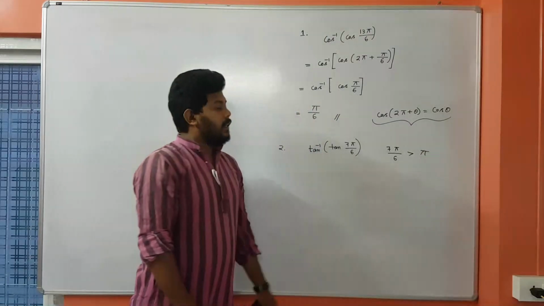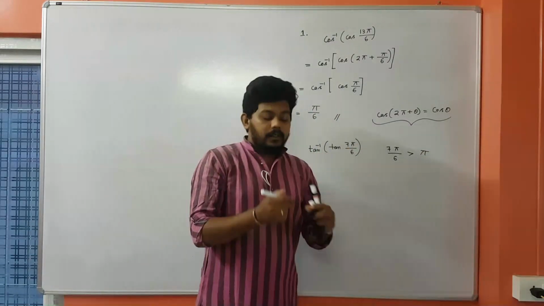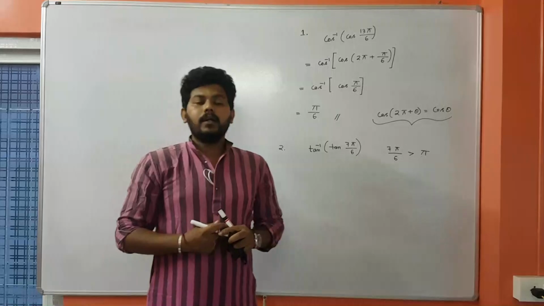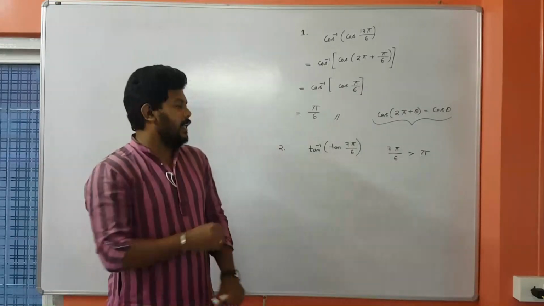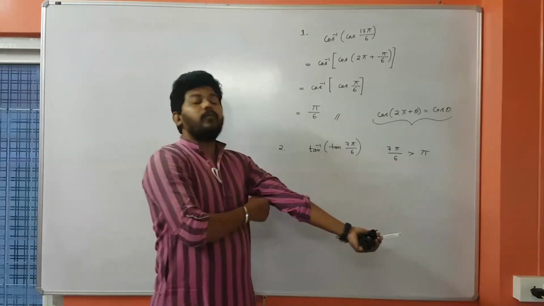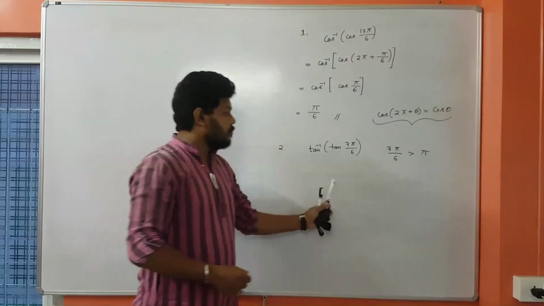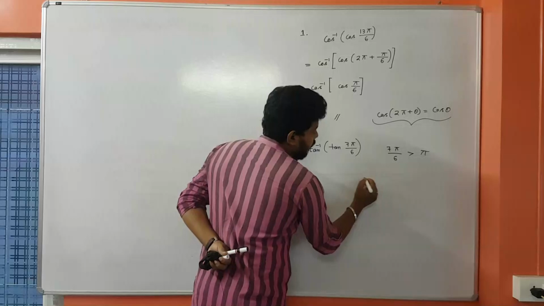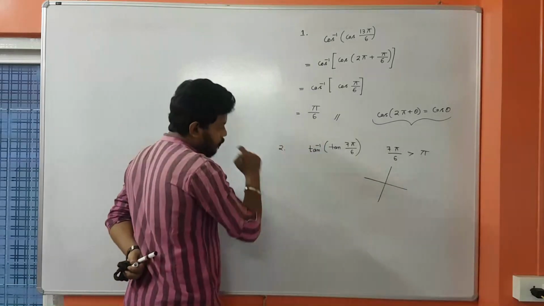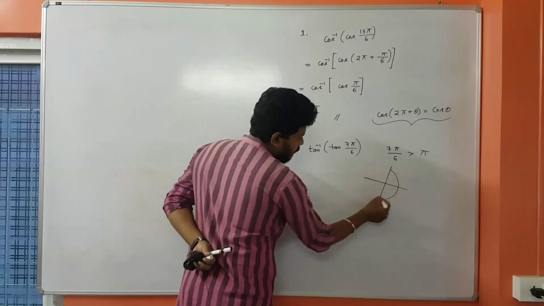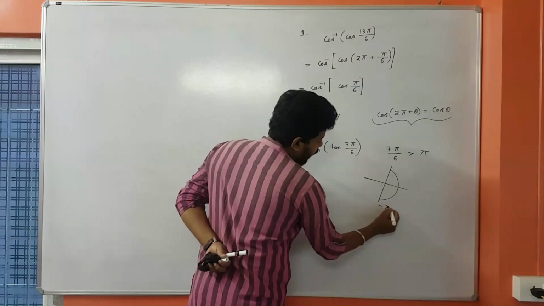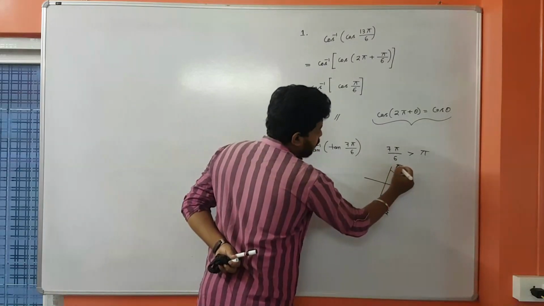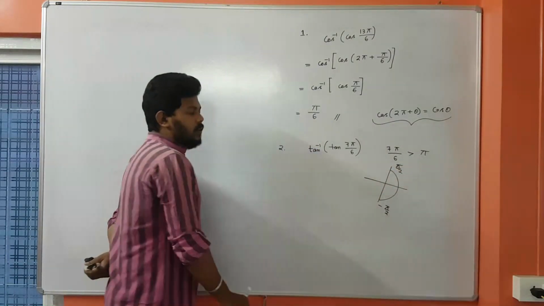That is, this angle is lying in third quadrant. In third quadrant, tan is positive. We know the principal value of tan inverse of x is lying between minus pi by 2 to plus pi by 2, open interval.